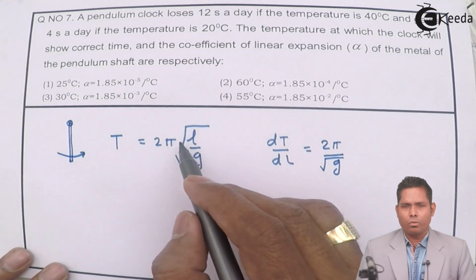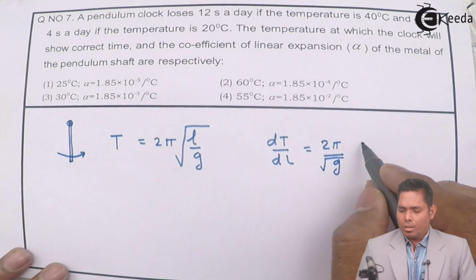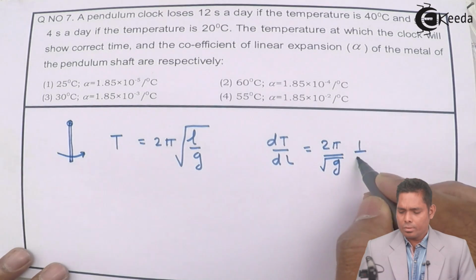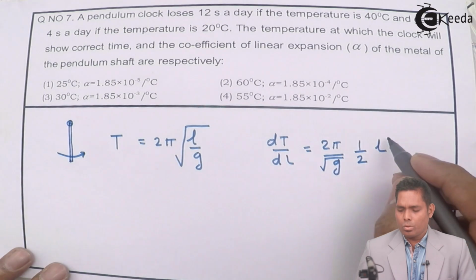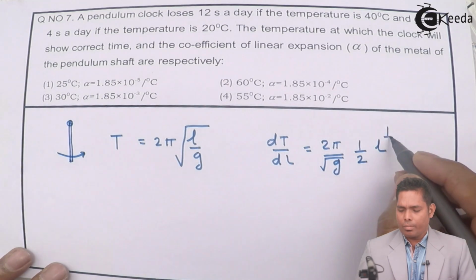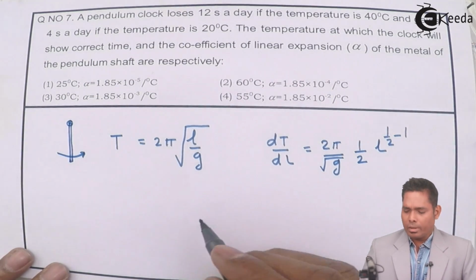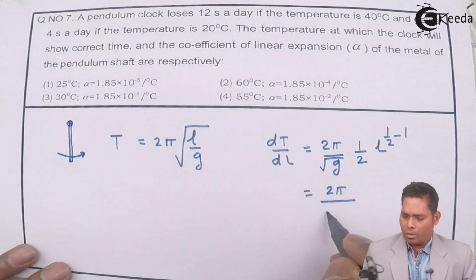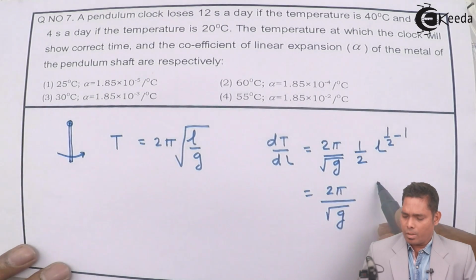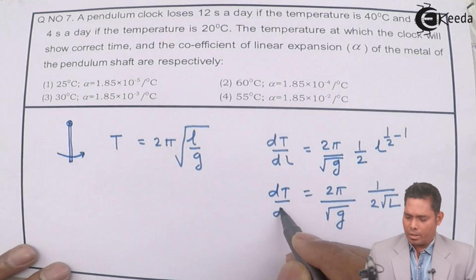The derivative of L to the power half is half times L to the power half minus 1, which is minus half. So that gives you 2 pi under root of g times 1 divided by 2 root L. So dT over dL equals this.